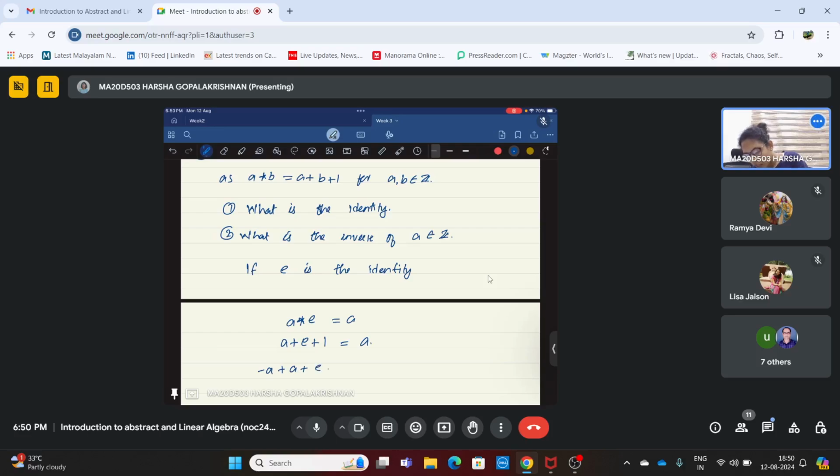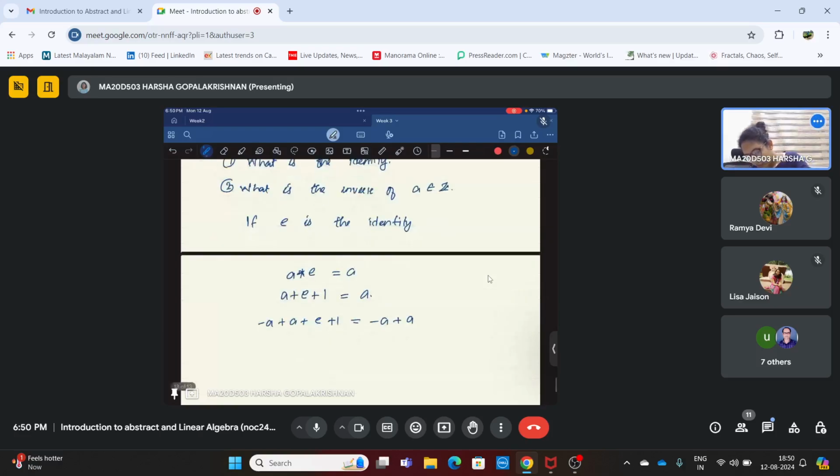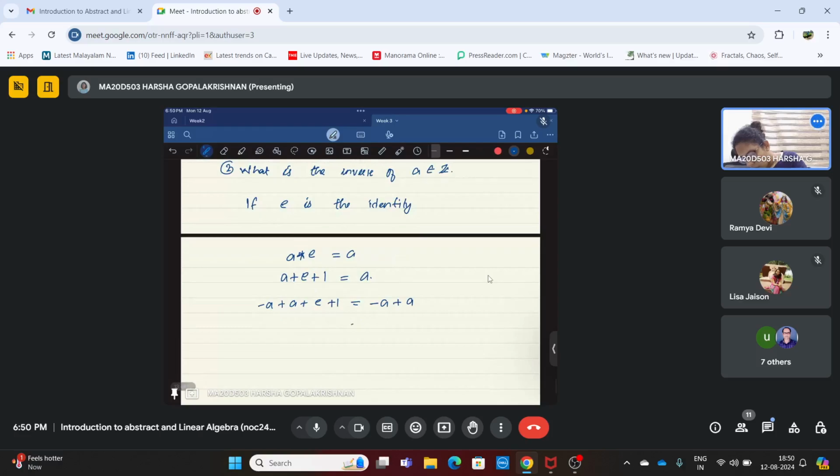So what we will do is not just cancel A from both sides. We will add the inverse of A on both sides, which is minus A. In the left side we are adding, and on both equations. So this is equal to 0, this is equal to E plus 1, so E should be equal to minus 1. Okay, so the identity is minus 1.